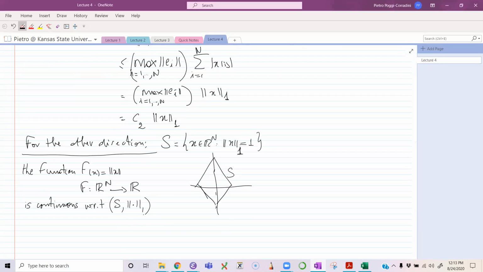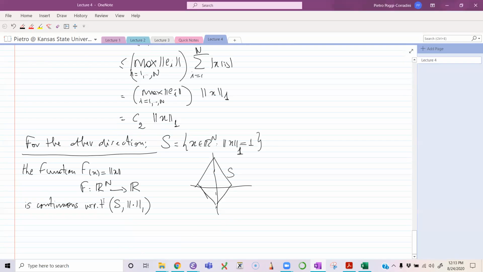Well, this is something that needs to be proven, but essentially it will follow from what we've shown up here.